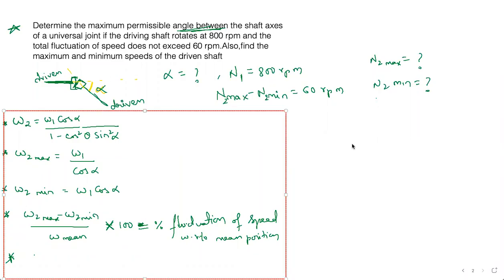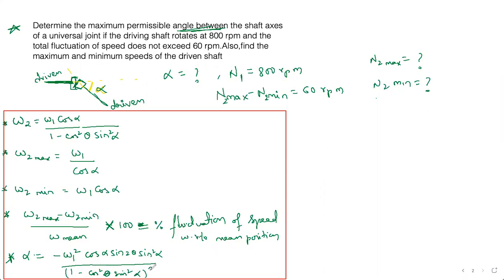Along with this, even if you remember the angular acceleration, alpha, we have derived, is equal to minus omega 1 square cos alpha sin square alpha sin 2 theta divided by 1 minus cos square theta sin square alpha, whole square.